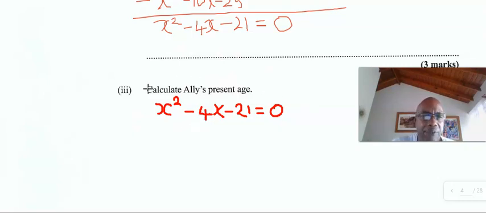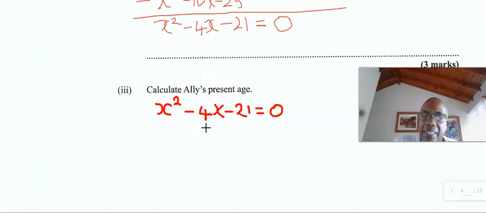But normally in the first section of the exam, in paper 2, you will solve by factorizing, that is when the quadratic expression can be factorized. That is the first step. So let us first factorize the expression x squared minus 4x minus 21 equals 0.